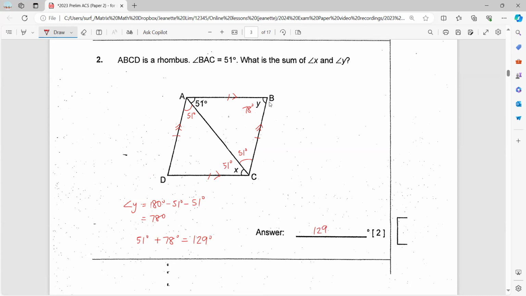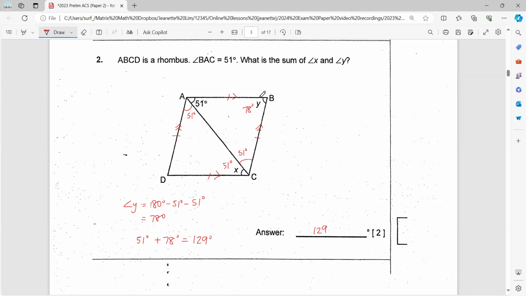Some other ways that you could do, actually the fastest way would be this. This angle here and this angle here, they add up to 180, right? So if they add up to 180, technically you can just take 180 minus this. And because this is isosceles, this is 51, this is 51.